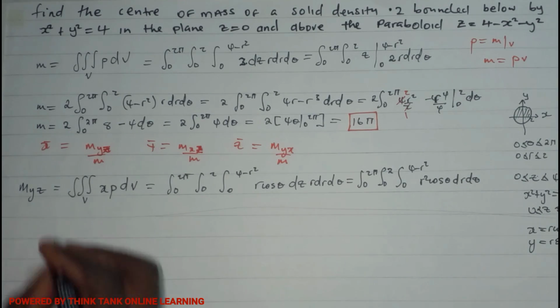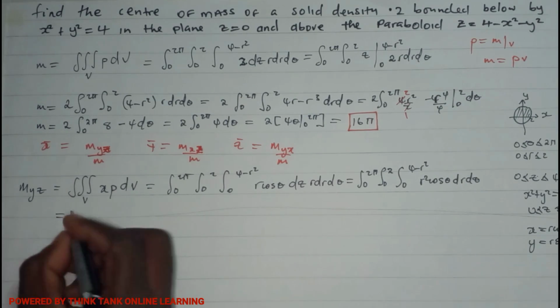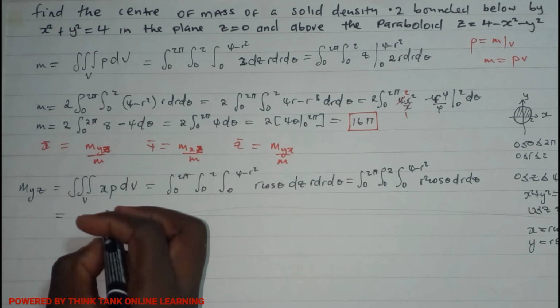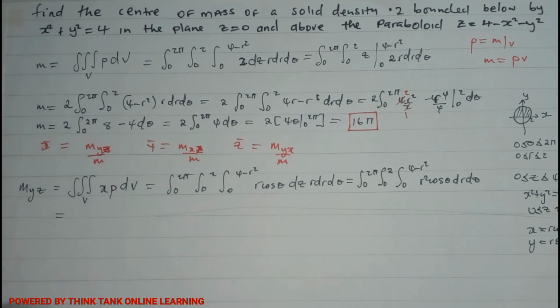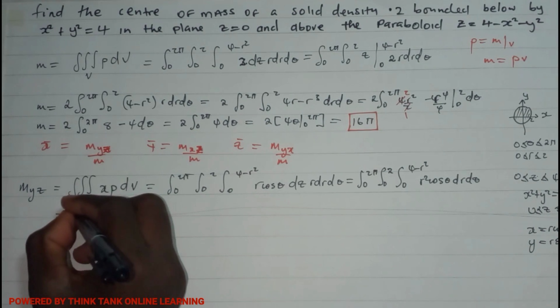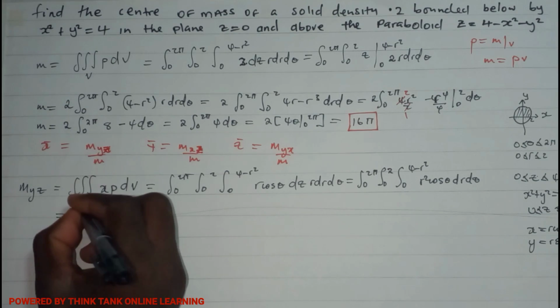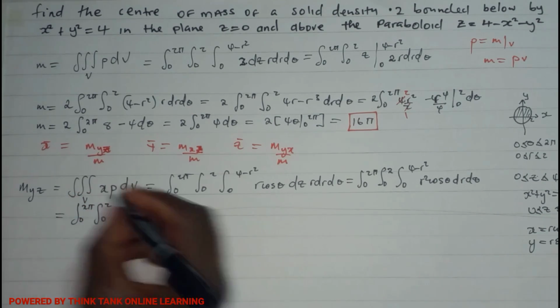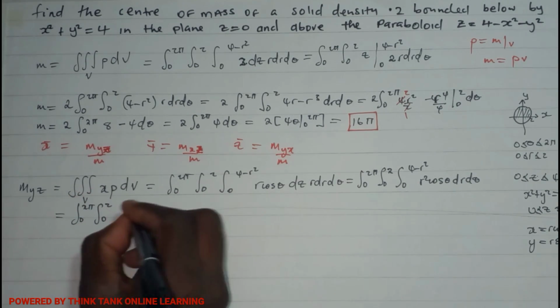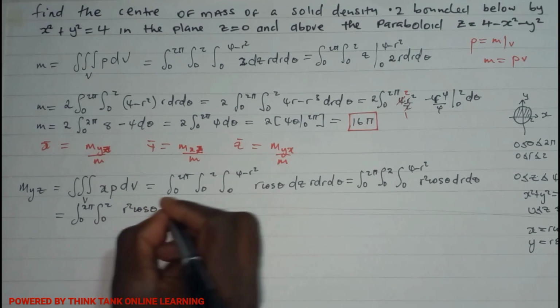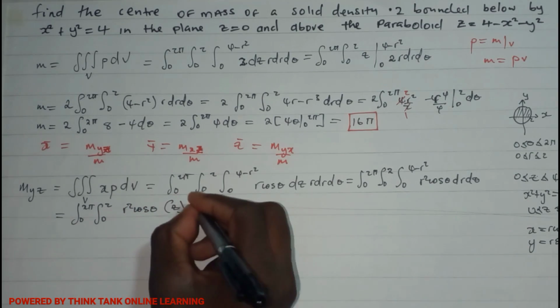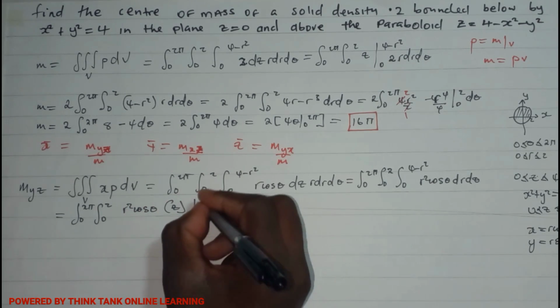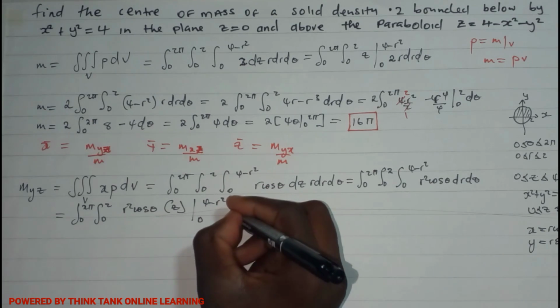Now let's integrate with respect to z. We're going to have 0 to 2 pi, 0 to 2, and r squared cos theta times z, with lower and upper bounds for z of 0 and 4 minus r squared.